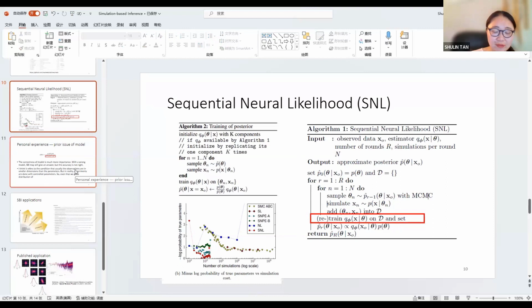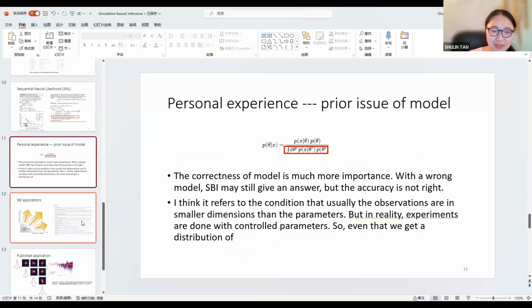I haven't looked at it very closely. I just began on this technique, so I didn't do it very well. Sorry for that.